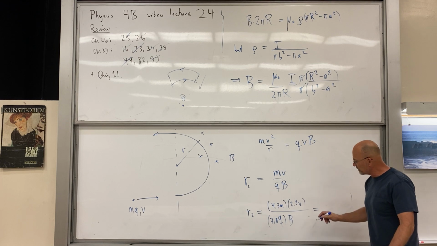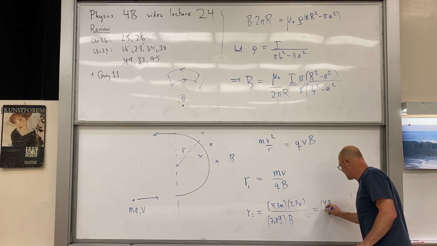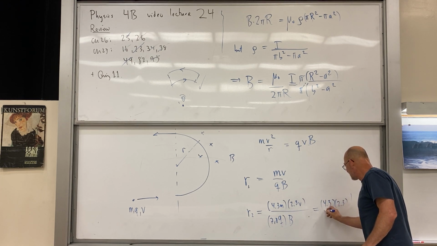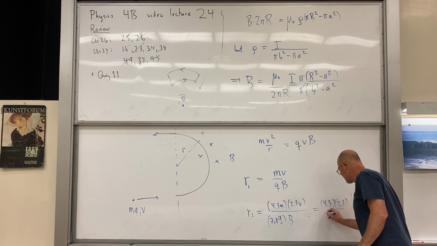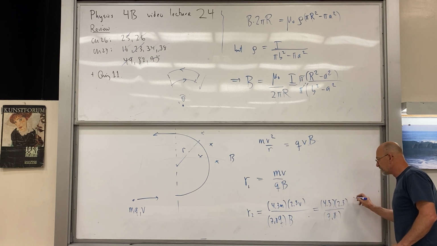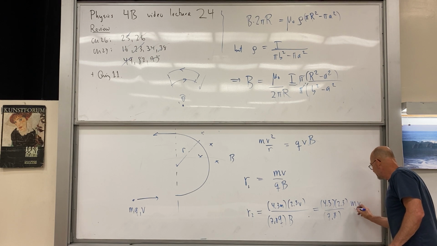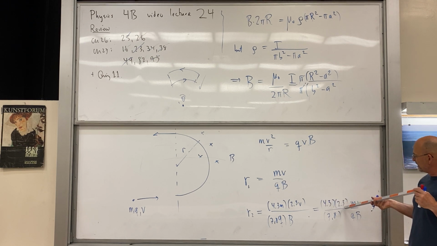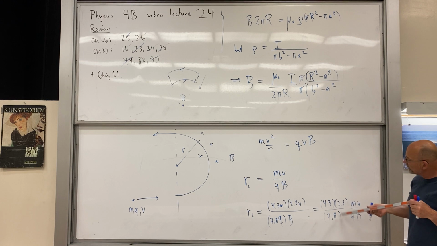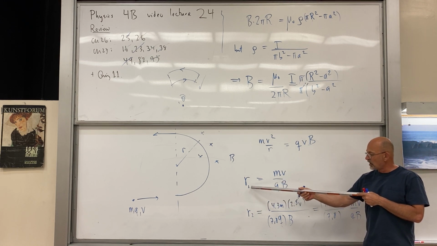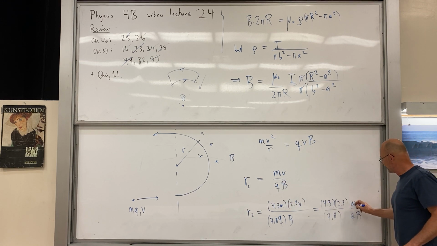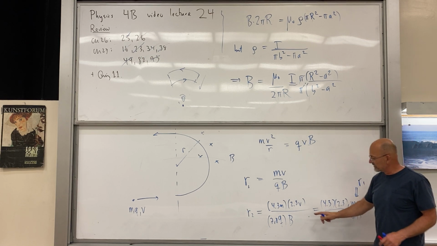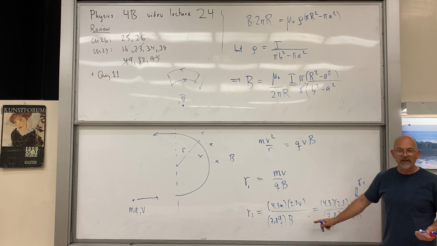So you can pull out that 4.3, 2.3, 7.8 as a factor in front of the original mv over qB. And when you multiply these numbers out, that is the multiple times r1. So that factor was what you were supposed to enter as your answer.